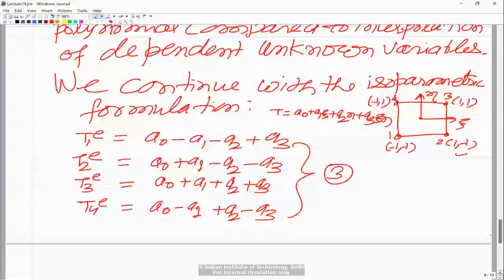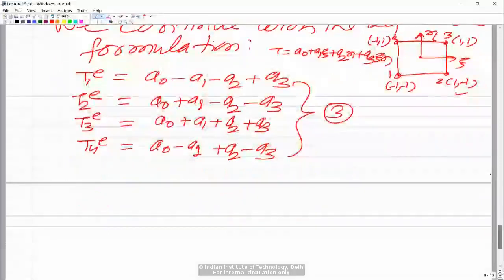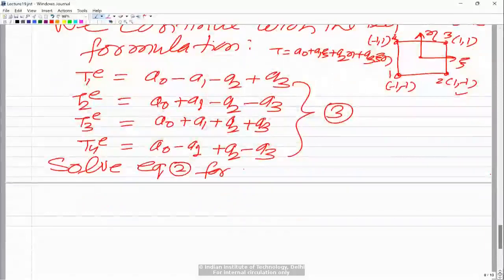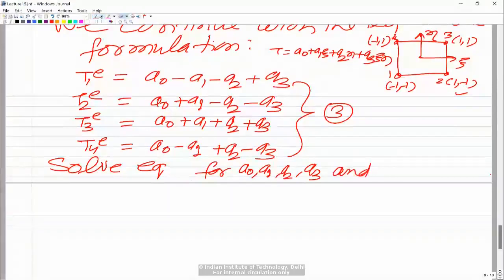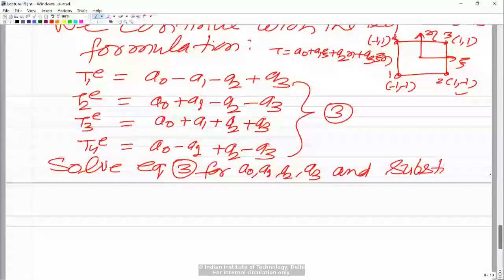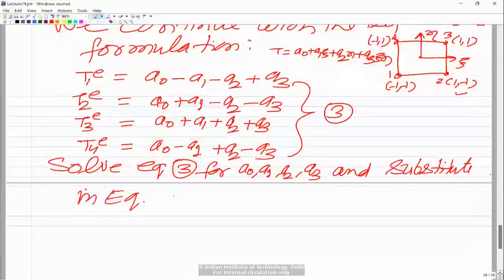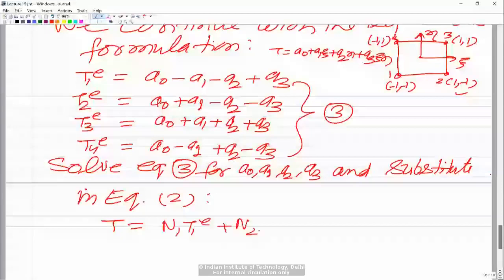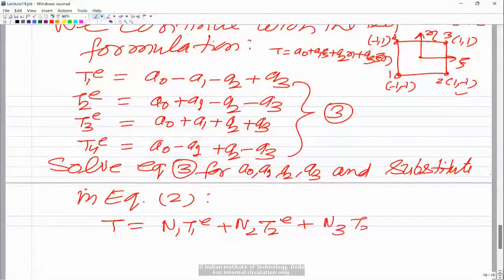So what we can do is solve equation 3 for a0, a1, a2, a3 and substitute in equation 2, which I numbered earlier. Then what you will actually get ultimately, and collect the coefficients of T1e, T2e, T3e and T4e, is N1 into T1e plus N2 into T2e plus N3 into T3e plus N4 into T4e. So this is what you will actually get.